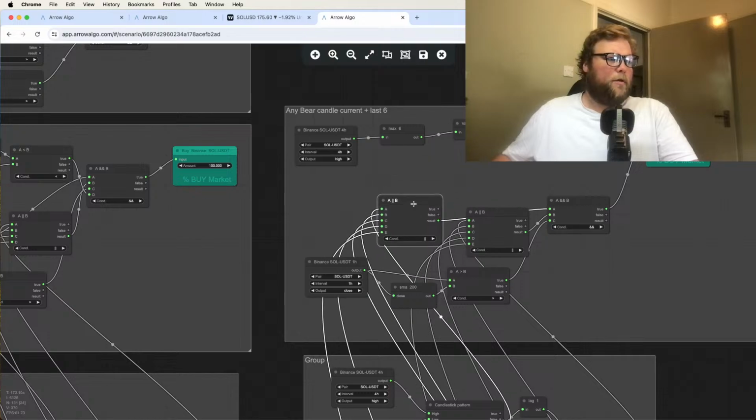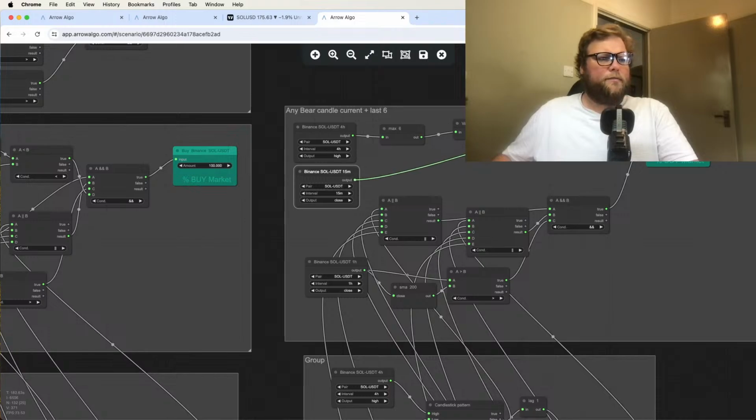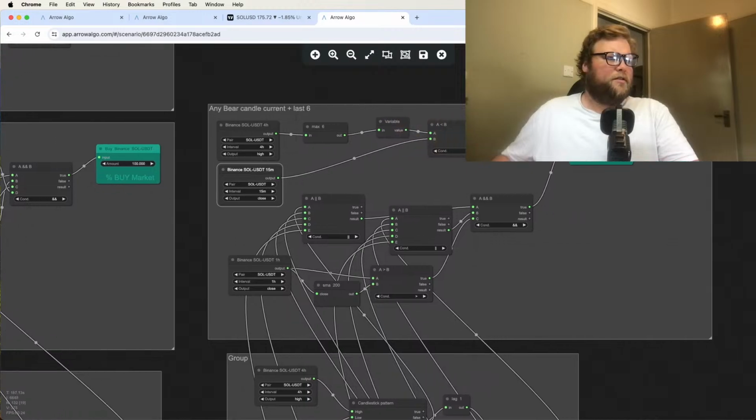And we'll do the same on the bear candle side. 15-minute price is above that 4-hour max.